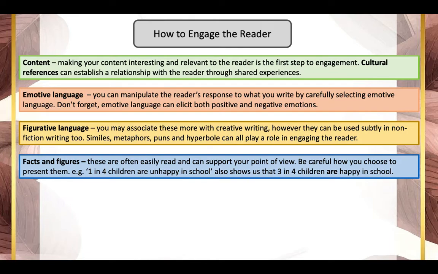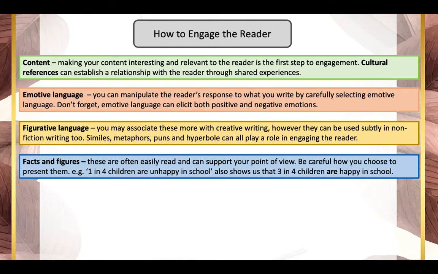Next then we can use facts and figures. Now of course lots of this might be in the stimulus material from the reading section, but we can reasonably make up facts and figures to fit the narrative of our article. Now it's really important that you're careful how you choose to present them. So you might want to take a fact or figure from the stimulus material and turn it on its head.